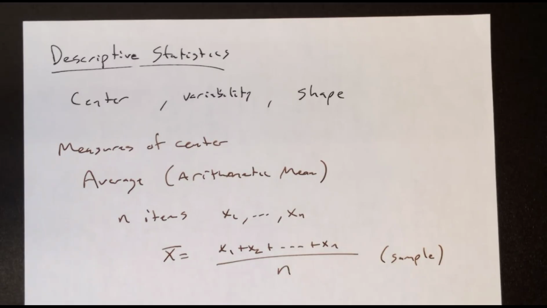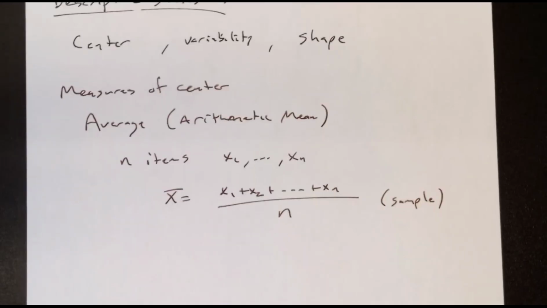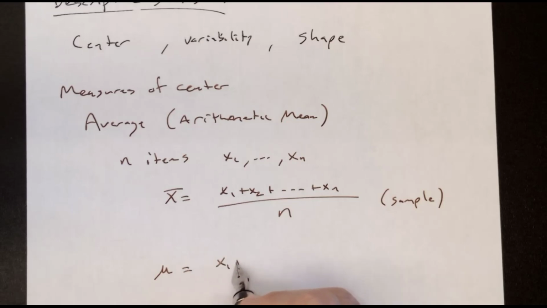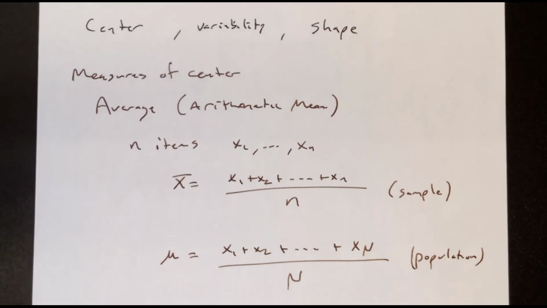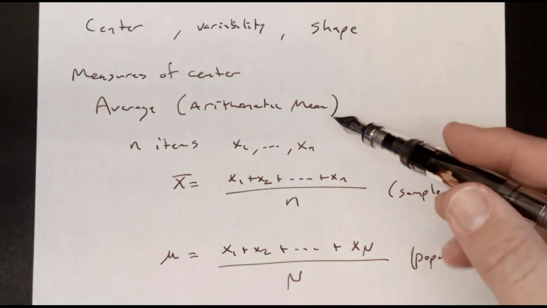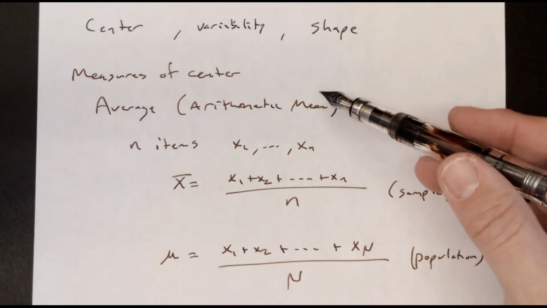If I'm dealing with a parameter for a population, it's the same calculation. The only thing that changed was the subscript. Instead of using little n from my sample, I used capital N for the whole population. And then we use a Greek letter, mu. Why mu? M for mean.